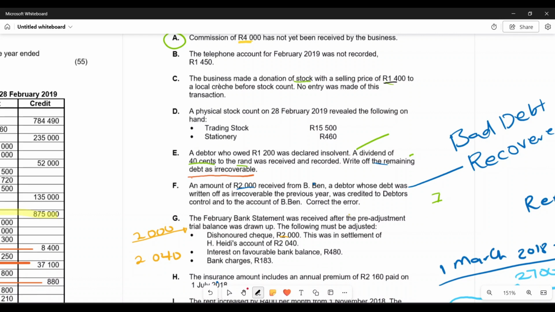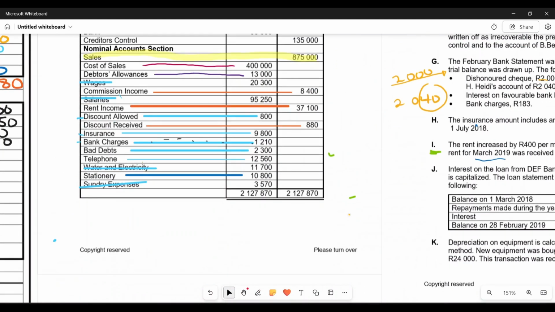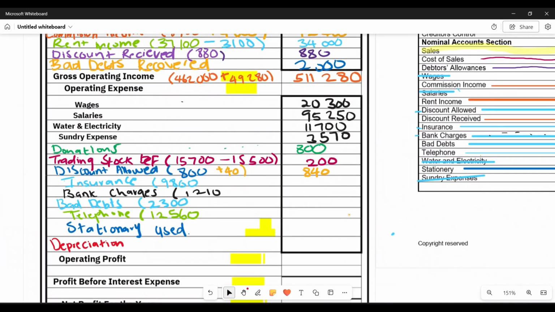Just like here, one person may ask, what am I supposed to do with this amount? As you could see, this person was owing 2,040, and because of this settlement, meaning that you're closing this account, he needed to only pay 2,000. This simply means that we gave him a discount of 40 rand. So my total on my discount allowed is 840.